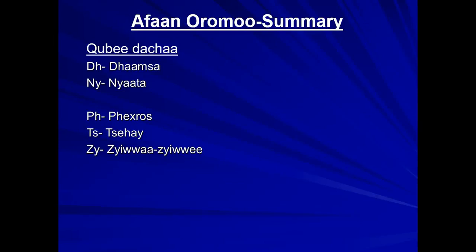Pa, Petros; tsa, tsahai; and ja, it is not ya, but it is ja: joie, jouer, and so on. These are not Oromo words, but if you want to write them in Oromo literature, for example to refer to somebody, we have to know those and we have to write those.